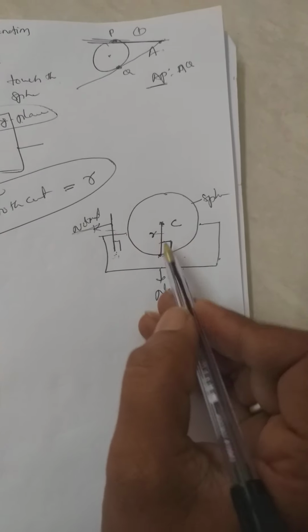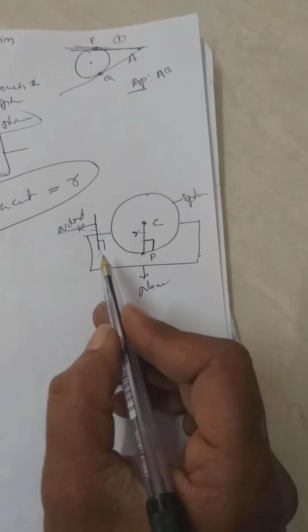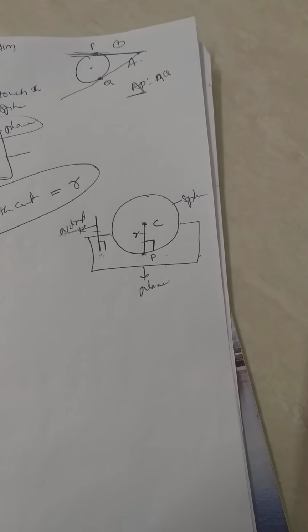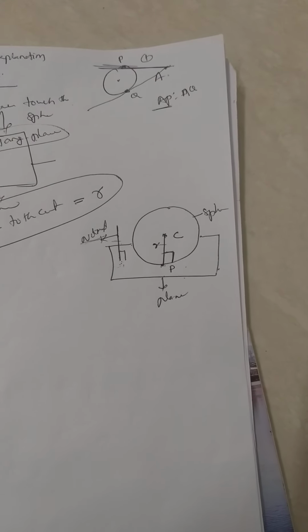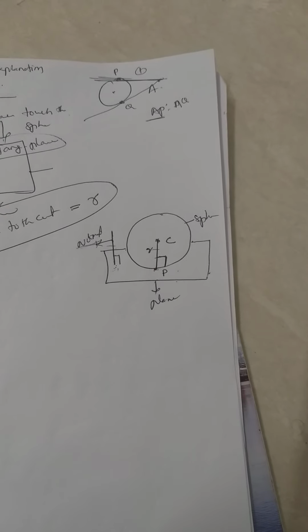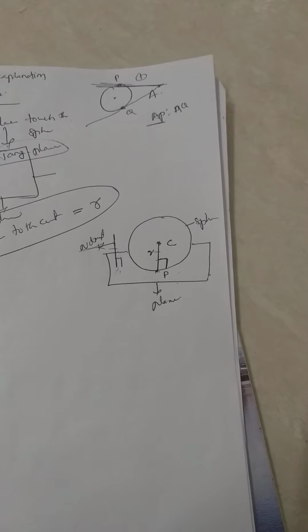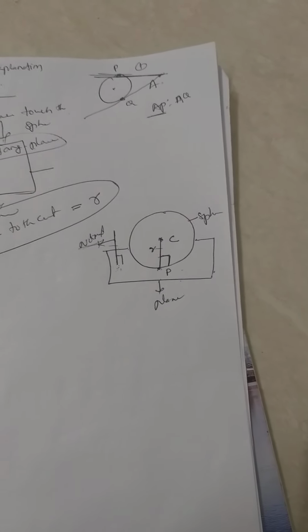From this diagram, this line CP and this normal are both parallel to each other, right? If two lines are parallel to each other, their direction ratios or direction cosines are proportional to each other, or you can say simply identical, right?